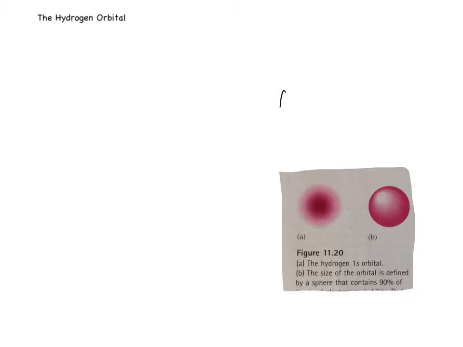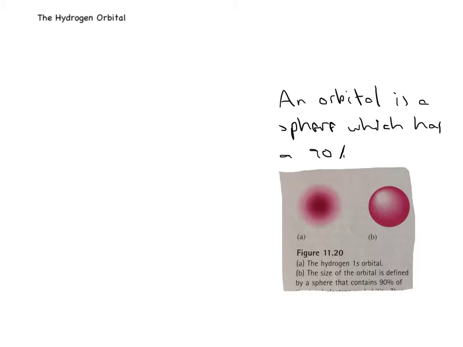So an orbital, I'll write this here, an orbital is a sphere which has a 90% probability of housing an electron.